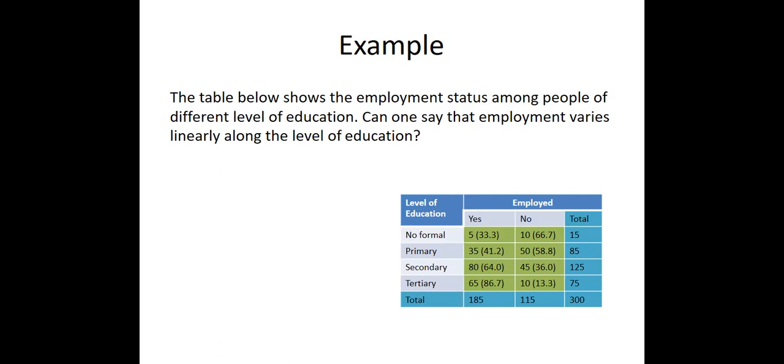But whether it is like that or like this, you need to put it to test to see if you can boldly say that as the level of education increases, employment status increases, or as the level of education increases, employment status decreases. You just want to see if there is any trend.